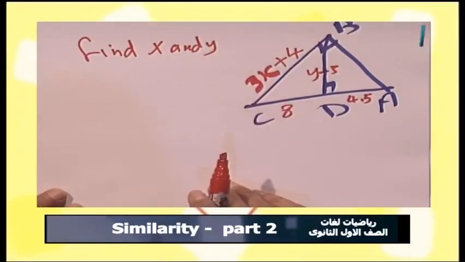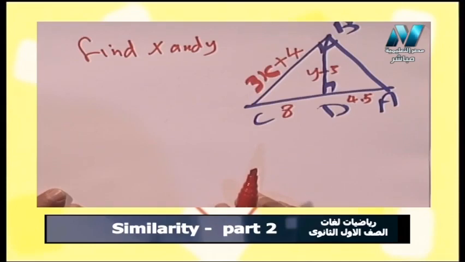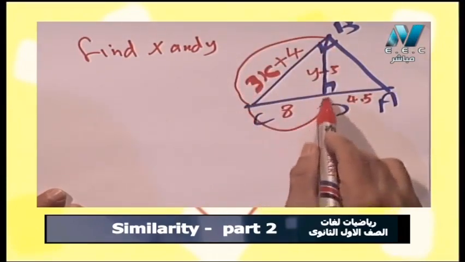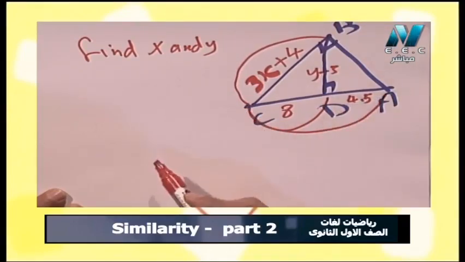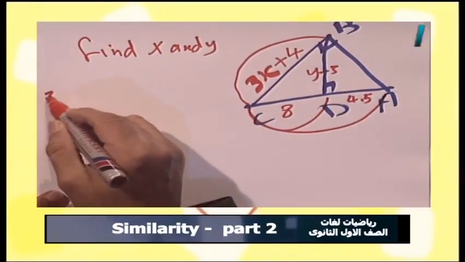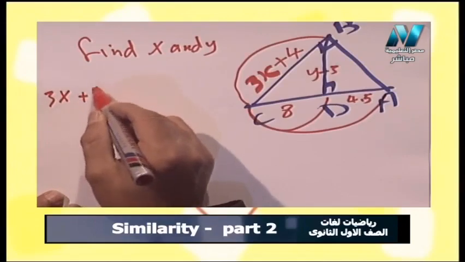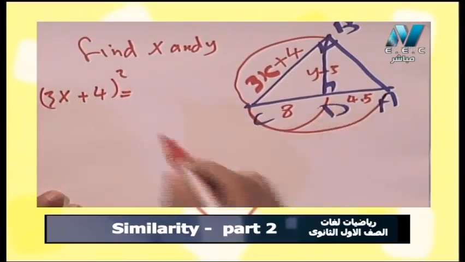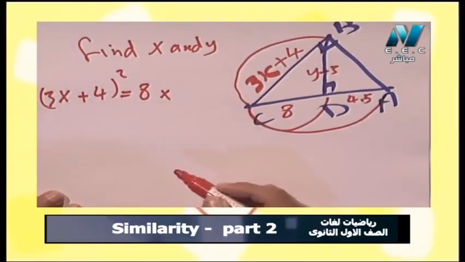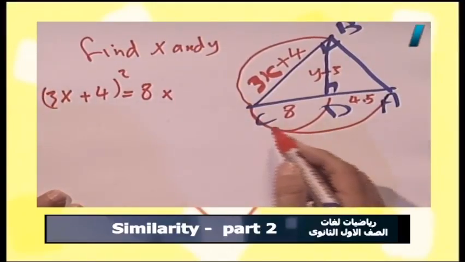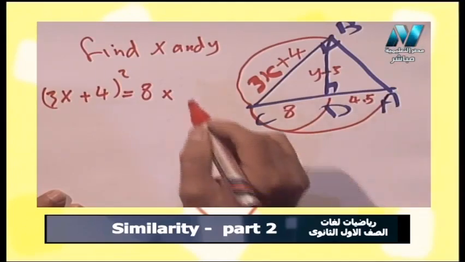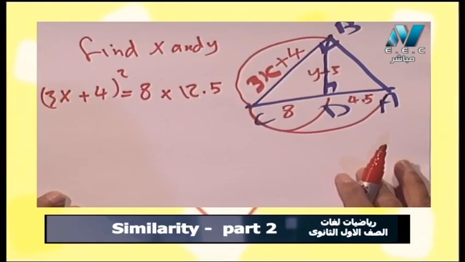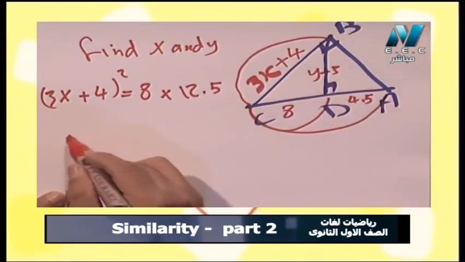From similarity here, we have proved that BC power 2 equals CD multiplied by CA. So (3x plus 4) power 2 equals CD, which is 8, multiplied by CA, which is 12.5.